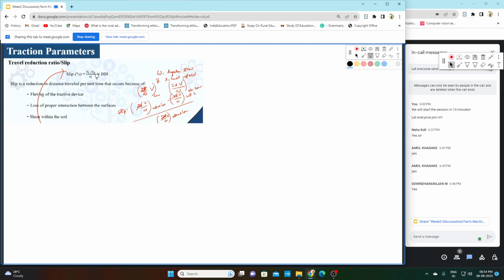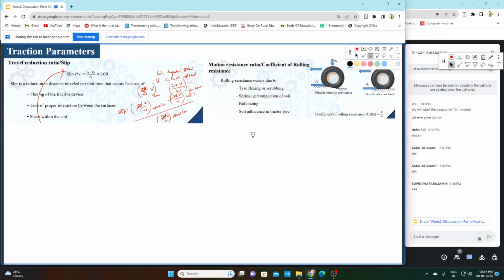That means your theoretical speed, which would happen if your wheel had not slipped, minus your actual speed, which has happened because your wheel has slipped, divided by the theoretical speed, into 100. Vt minus Va by Vt into 100. Is this formula clear to all of you? What is slip percentage? I hope this is clear.